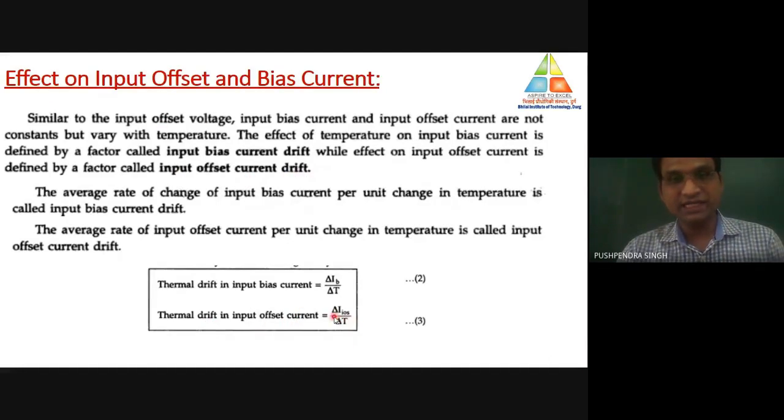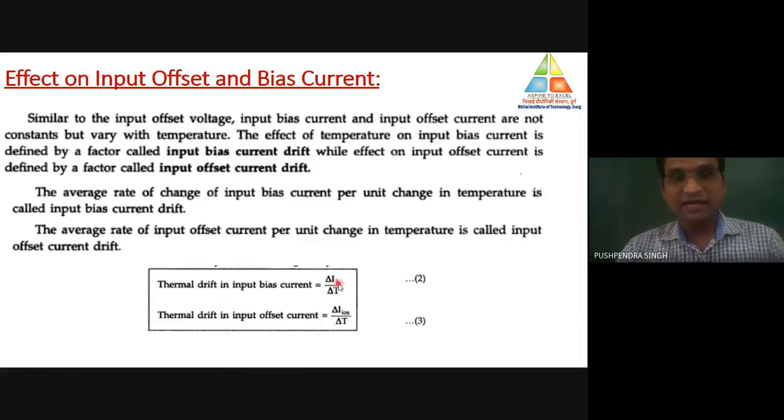It is denoted as del IOS: I is for current, small I for input, OS for offset, and del represents the change. So del IOS divided by del T, the change in temperature, is the input offset current drift.